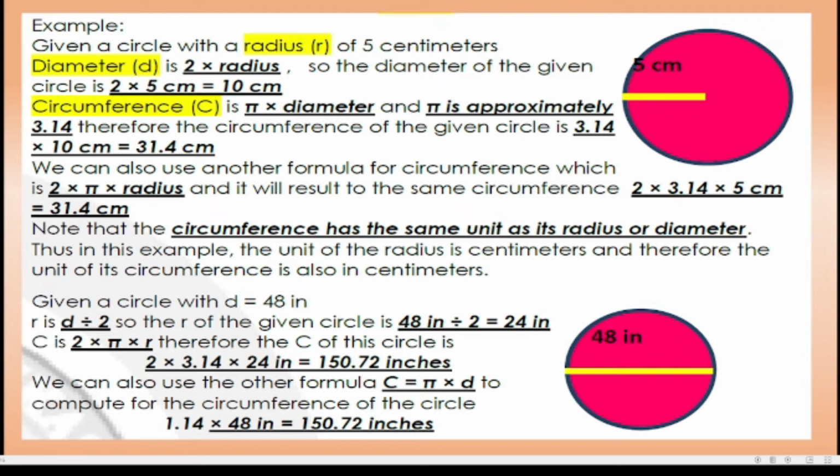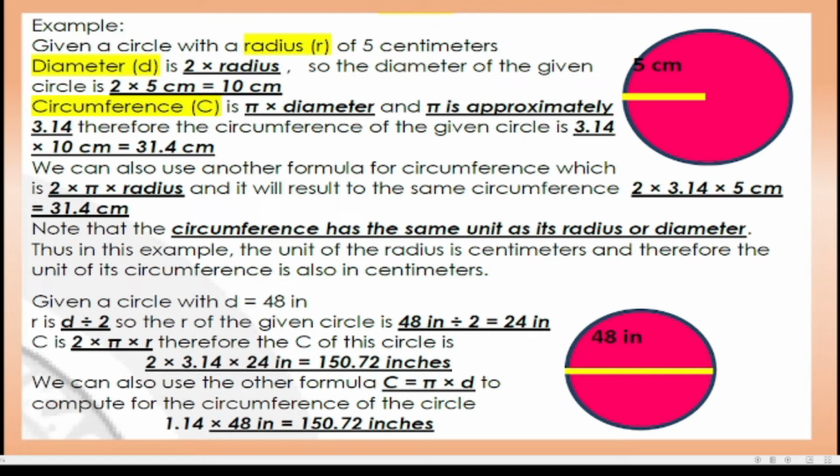Note that the circumference has the same unit as its radius or diameter. Thus, in this example, the unit of the radius is centimeter, therefore, the unit of its circumference is also centimeter.